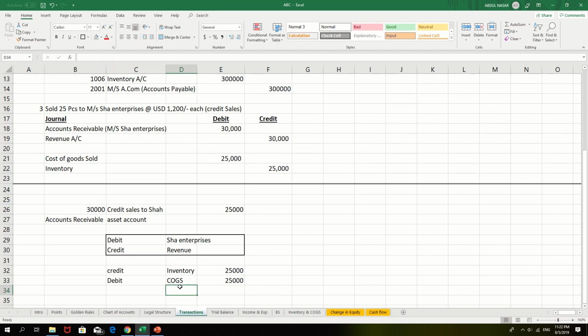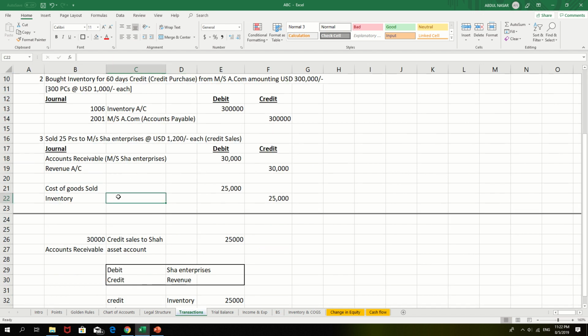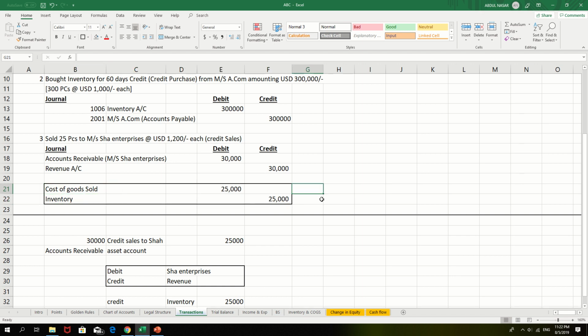Because we are going through the basic concepts, just consider this an expense account for the time being, and going forward you will understand better. Inventory is an asset account. Now going back to the golden rule: if there is an increase in expense, you debit that. So if there is an increase in cost, you debit it, and if there is a decrease in asset, we credit.